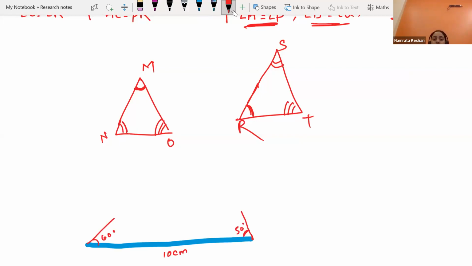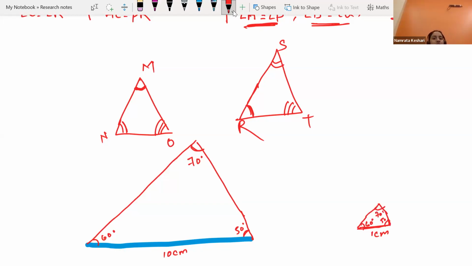When you join them, you will automatically get 70 degrees over here. And the same thing you can do with a smaller teeny tiny line of 1 centimeter. Still you can draw 60 degrees here, construct 50 degrees here, and of course get 70 degrees here, but these two triangles are not the same.